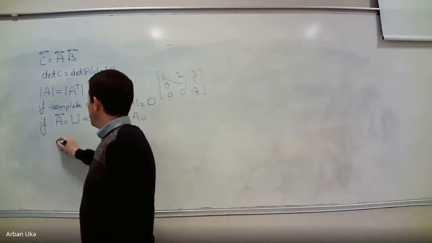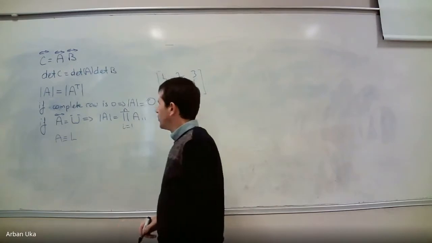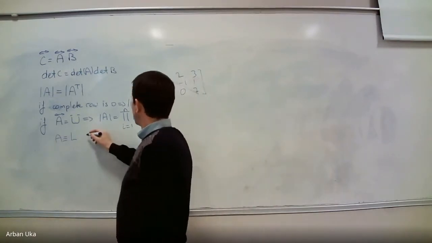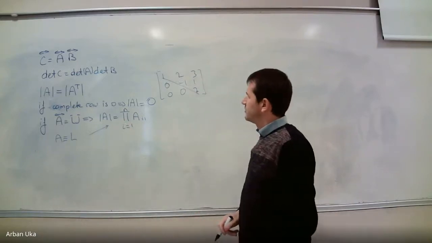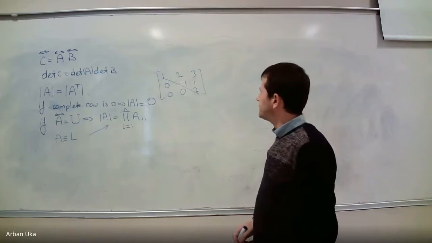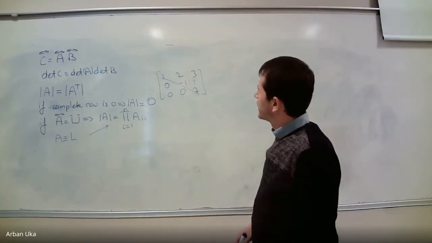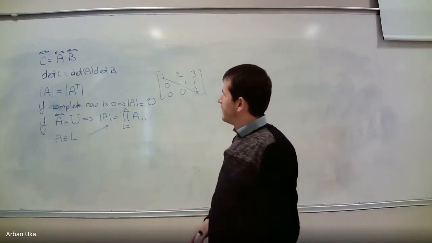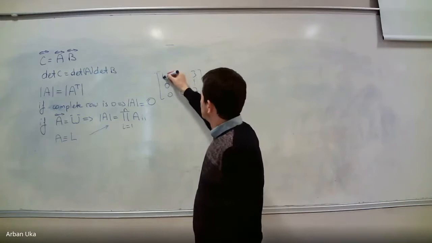Similarly, if A is a lower triangular matrix, we get the same thing. The determinant of A is equal to the product of all of the diagonal terms. But think for a moment: we can have an upper triangular matrix, but what if one of the diagonal entries is equal to 0?